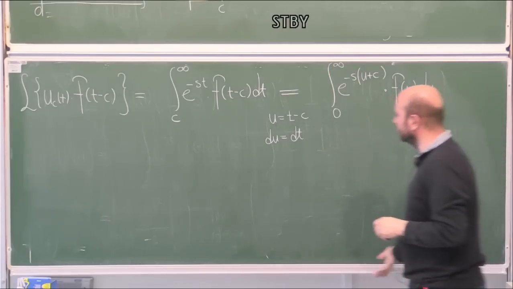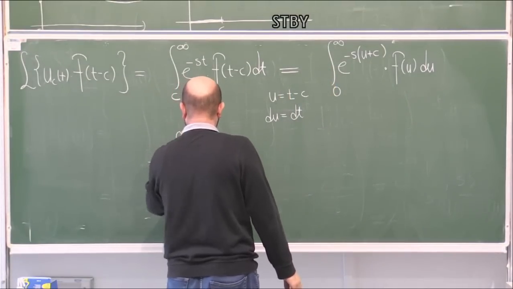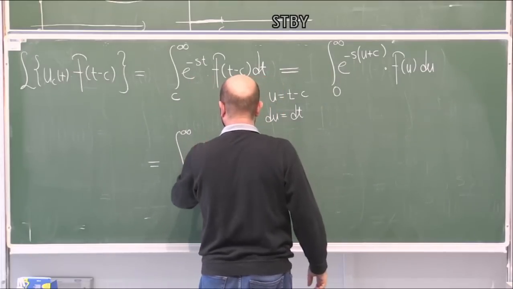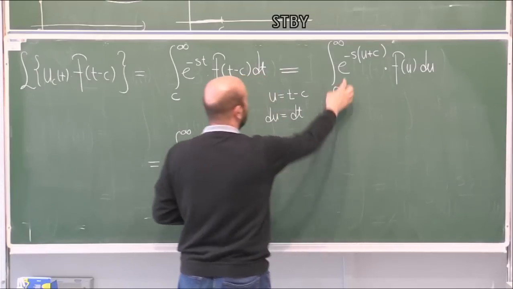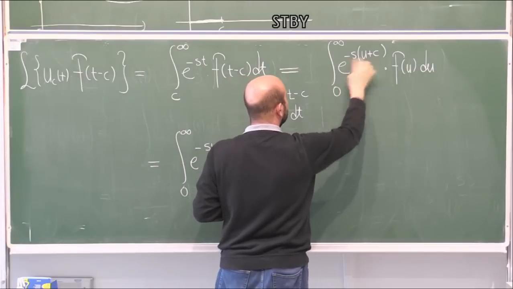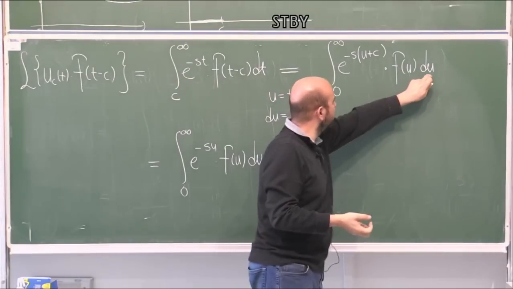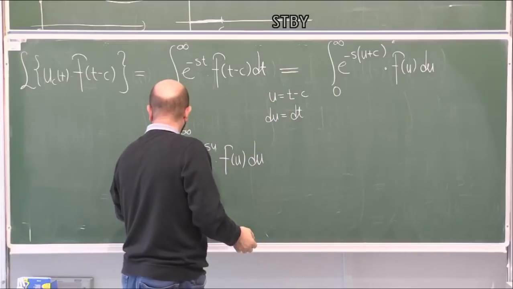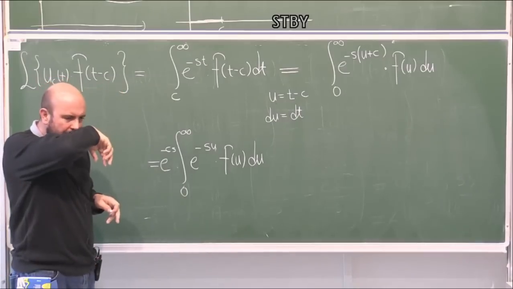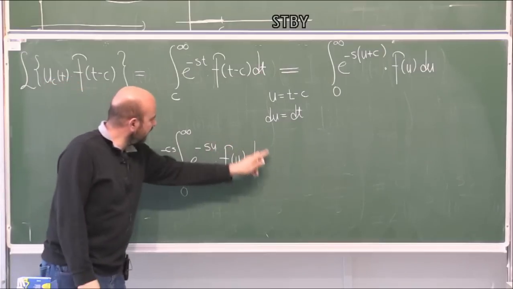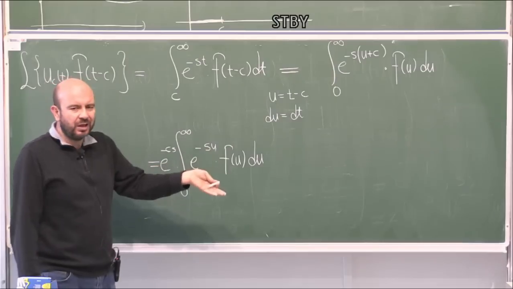If you reorganize it, from 0 to infinity, e to the minus su times f of u du. What is left here is e to the minus cs. But c and s are constant with respect to the integration, so I can put it outside. Now, if you look at this, this is exactly the Laplace transform formula for the function f, and rather than using t, I'm just using u.